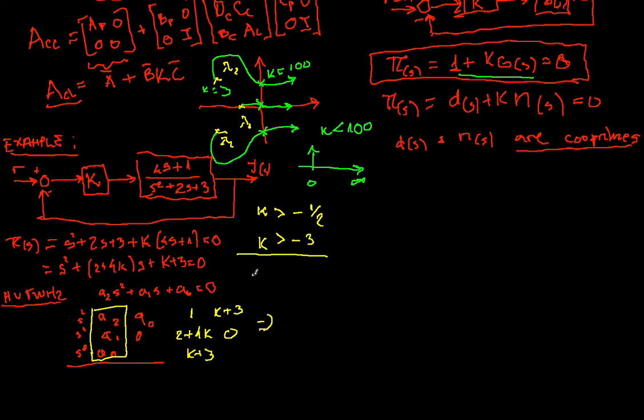Therefore, the gain that will successfully stabilize the system goes from -1 by half to infinity. Okay, any k that we pick from this range will provide the closed loop system stability in this case.